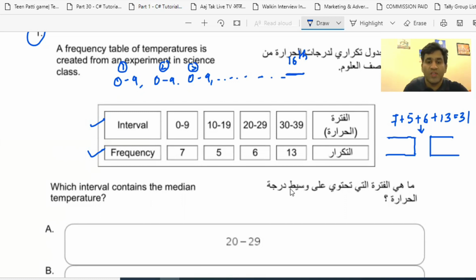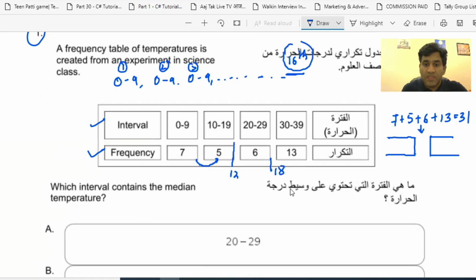So what I need to do is just add the frequencies. 7 plus 5 gives you 12. Then 12 plus 6 gives you 18. My median data will be whatever temperature is at the 16th position.